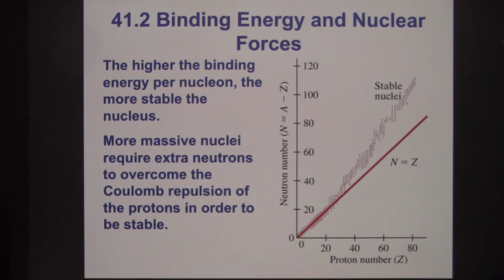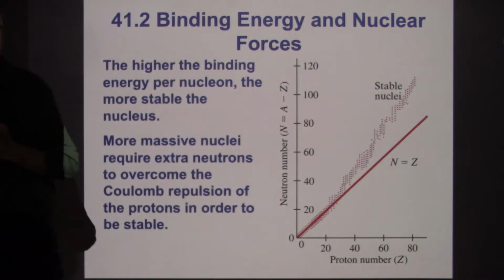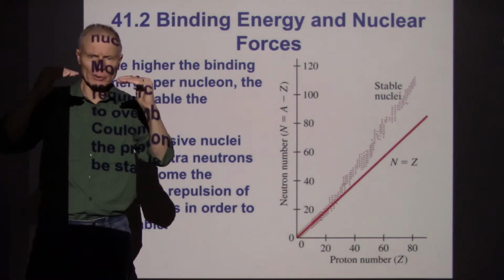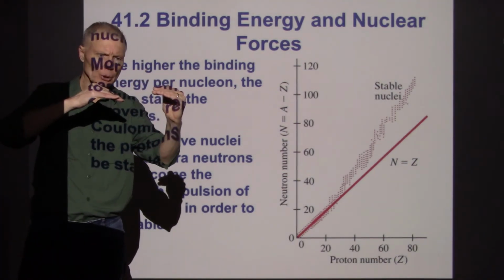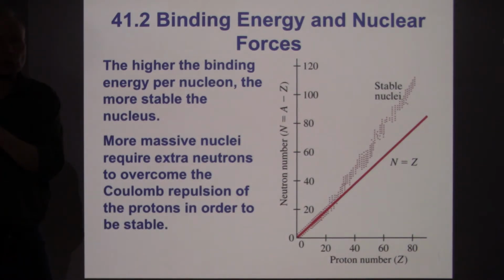You can kind of think of these as different quantum states for the protons and neutrons. The protons and neutrons have spin, just like the electrons. So their quantum states, the protons and neutrons are spin up, spin down in these different quantum states. And what you tend to do, at least initially, is fill an equal number of protons into the proton quantum states and neutrons into the neutron quantum states.